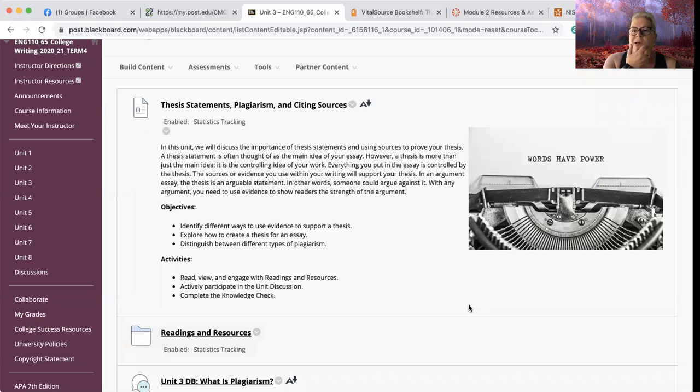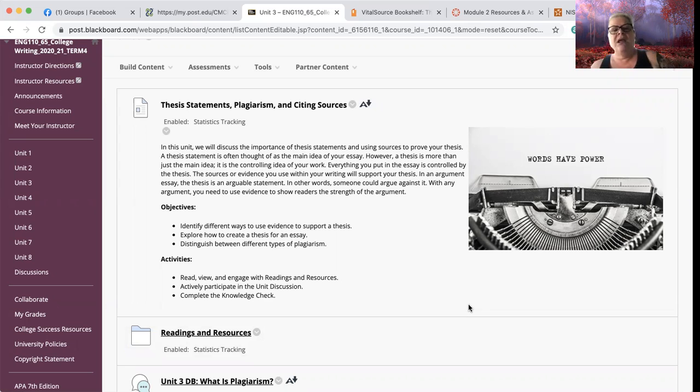We're going to continue this week learning about putting writing together and incorporating sources in that writing, because of course that is what we're going to be doing pretty much forever. As long as you're in college, you're going to be writing research papers.